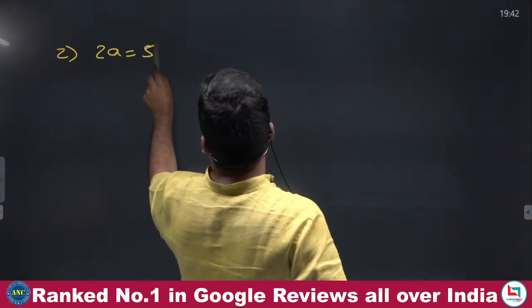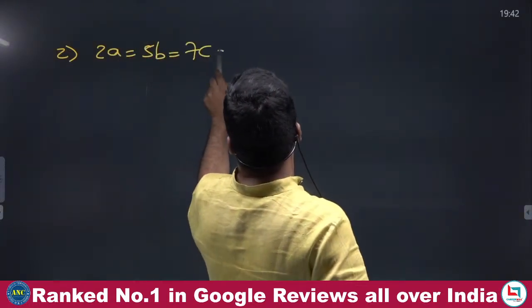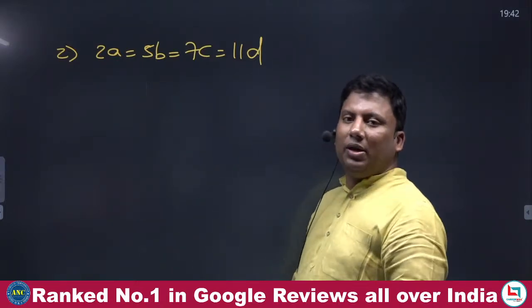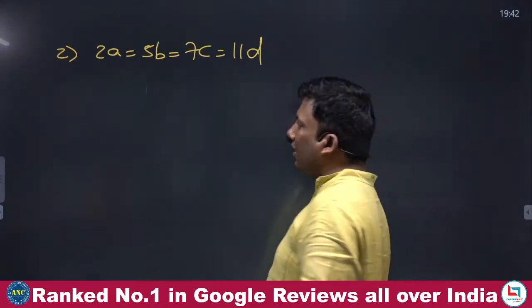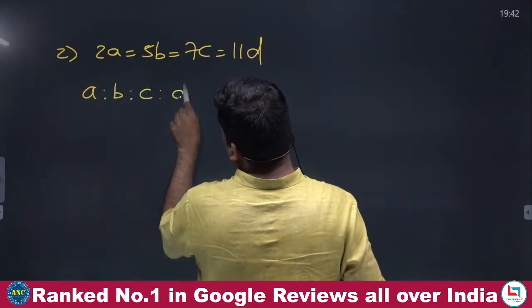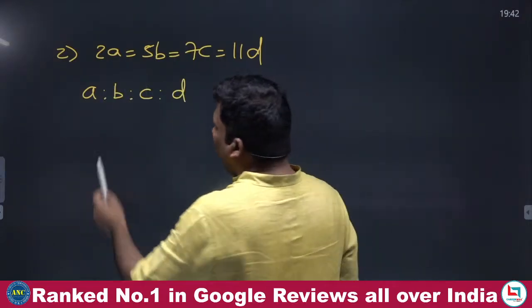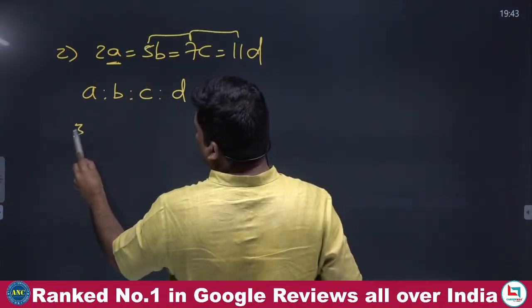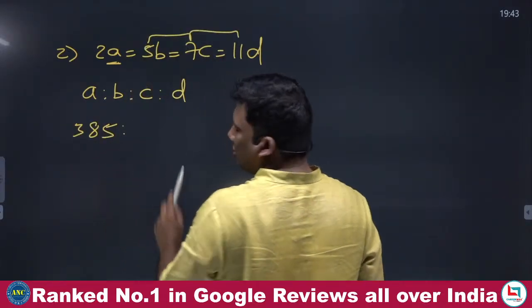2A is equivalent to 5B is equivalent to 7C is equivalent to 11D. A is to B is to C is to D. I want A, close A, multiply all the remaining: 35 11s are 385.